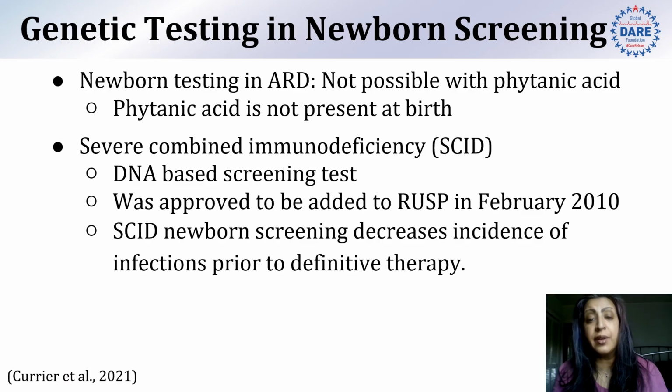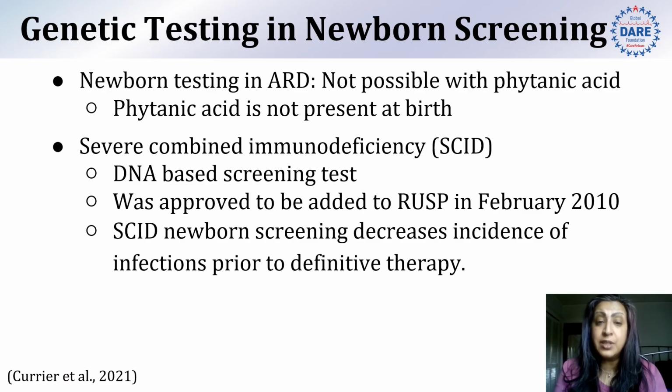So until there is another robust biomarker for adult refsum disease that is independent of diet, it's going to be difficult to test at birth with just biochemical testing, which is the common approach for all RUSP-aligned newborn screening.